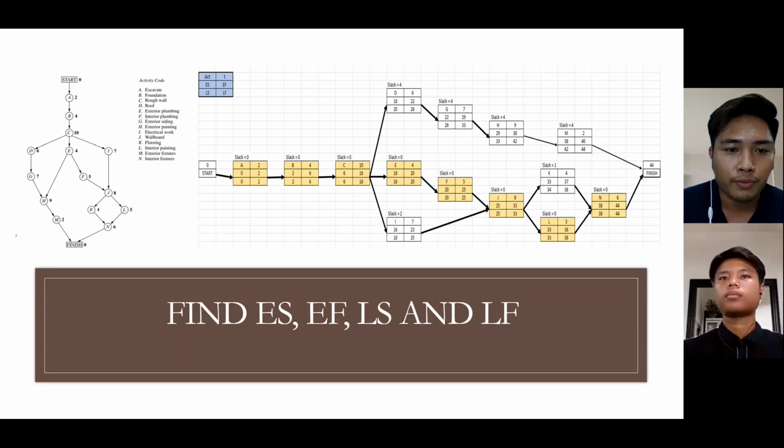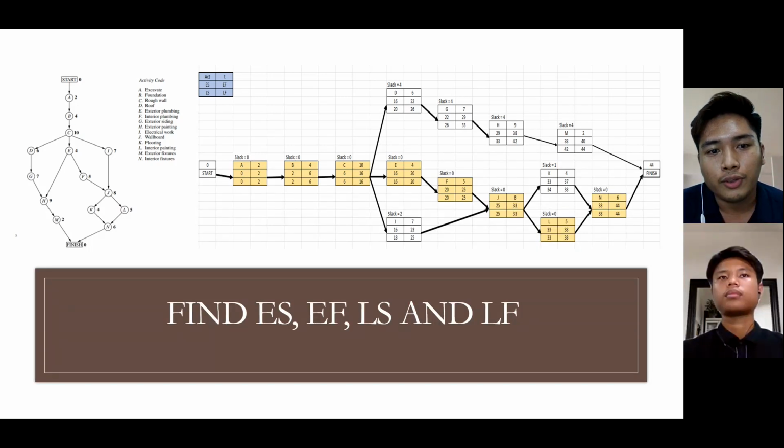Before that, slack time is how long the activity can be delayed without extending or increasing the project completion time. We have identified that for activities A, B, C, E, F, G, and L, there is no slack time, which is zero delay time.